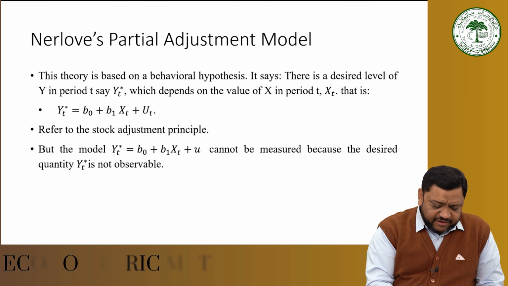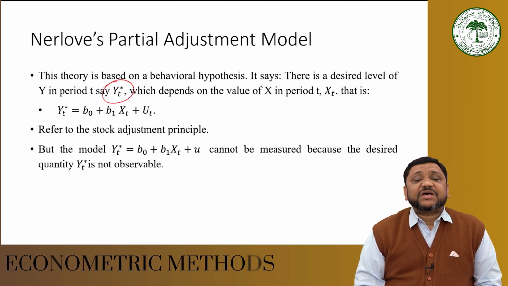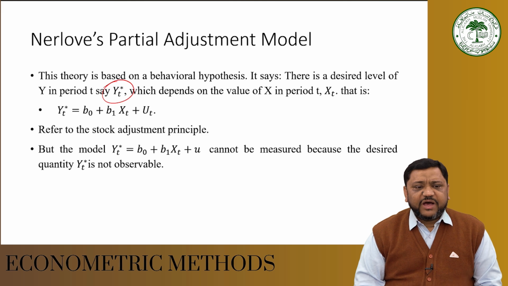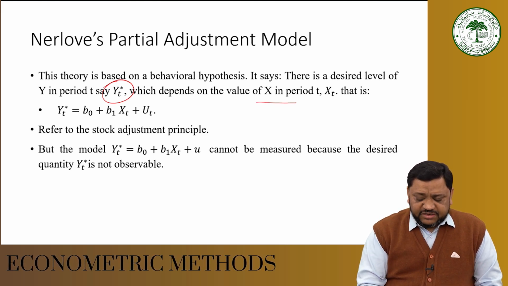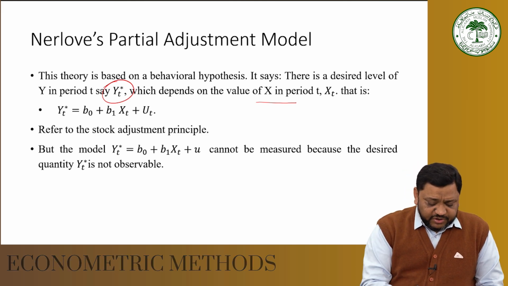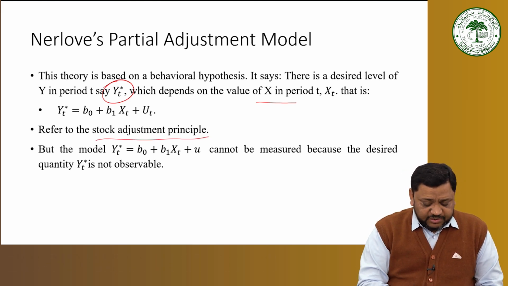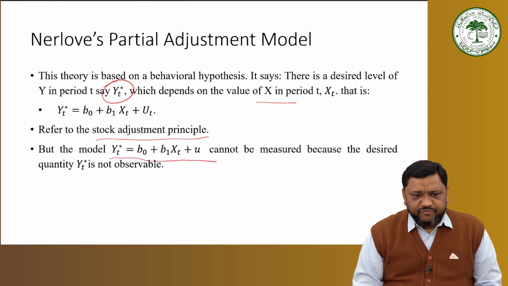So here we have Yt asterisk, the desired level of y in any period t. It depends upon the value of x in that period, xt. This is what we refer to as the stock adjustment principle, and we follow this model: Yt asterisk is equal to b naught plus b1 xt plus u.